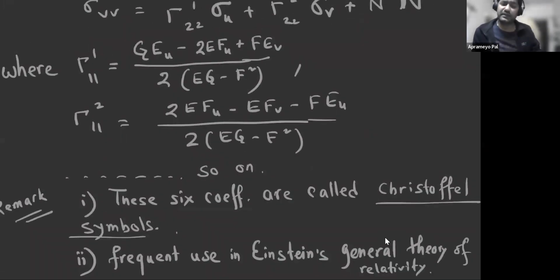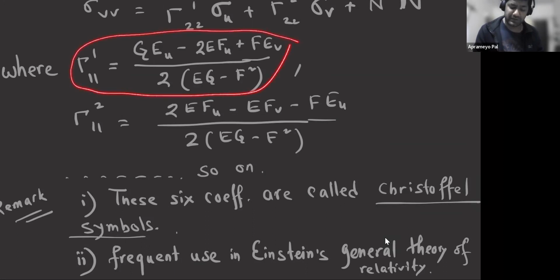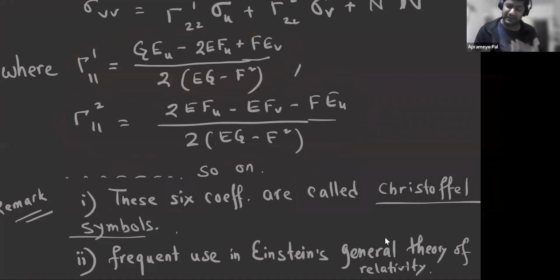Why is this the case? Because in general relativity you also consider a four-dimensional manifold, which is a generalization of R3, and there you also need to find the space-time curvature, and that is given somehow by these properties. This will reappear again in the next lectures.